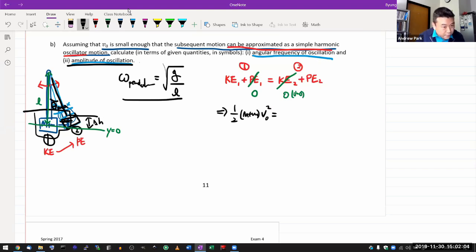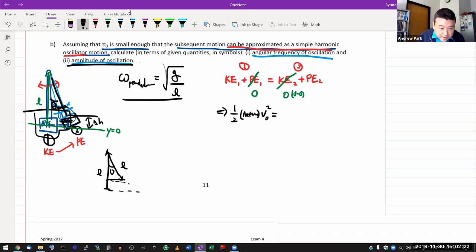Let me draw a new figure for that. So here's my L. Now at that maximum height, this distance is still L, it's the same rod. So this is the right triangle that I have to draw.